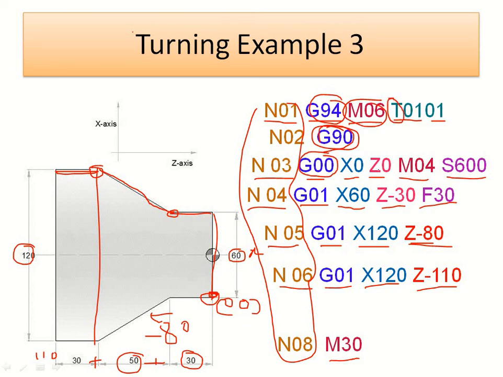G00 is rapid traverse. X and Z are the coordinates, representing the actual positioning of the tool. M04 represents spindle clockwise or anti-clockwise rotation. Spindle speed we can give with the letter S. Feed we can provide with F. And finally, the program is stopped with the help of M30.